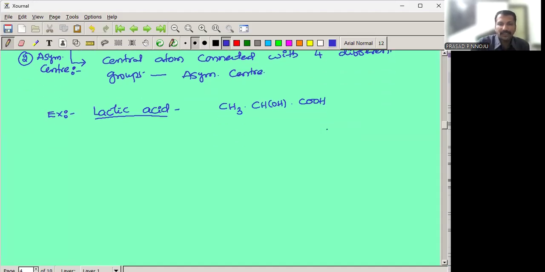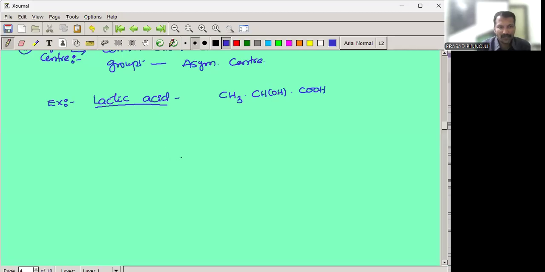See here, in this case, the central carbon is connected with 4 different groups: COOH, CH3, OH, and H. So the central carbon atom has 4 different groups. That's why this is considered an asymmetric center.